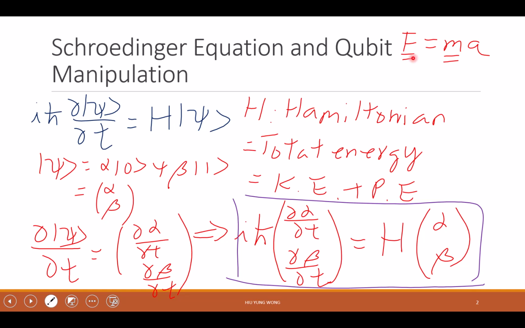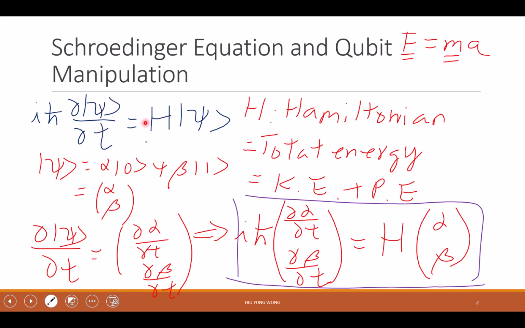And it's the same for the Schroedinger equation. You have a wave function psi. The wave function characterizes the state of the system. And how does it change? The rate of change of the wave function, partial psi, partial t, means how it changes as a function of time.